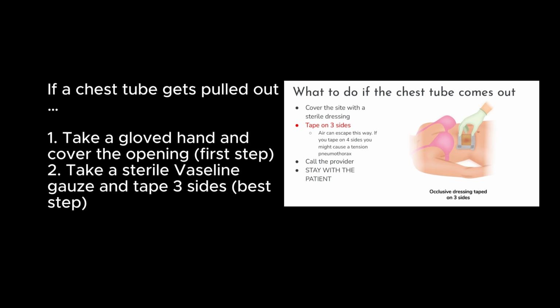The first step is to use a hand glove and cover the opening. Use your hand, cover the opening. That is the first step. But the best step is to cover 3 sides of the wound using Vaseline gauze. So that is how you attend to a patient if the chest tube gets pulled out.